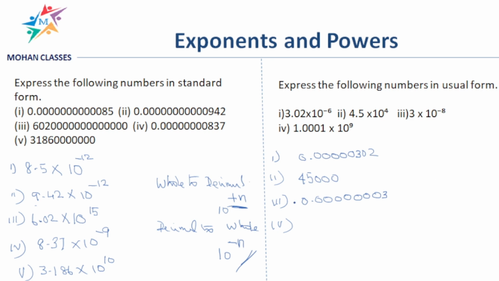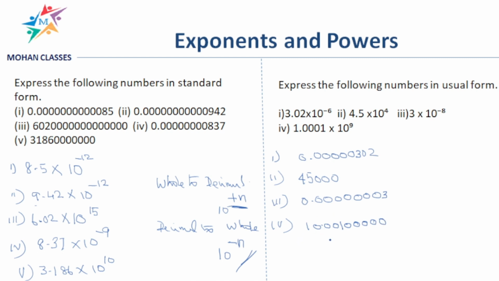What about this? 1.001. So that means 1, 9 right here. 1, already 1, 2, 3, 4, 5, 6, 7, 8, 9.